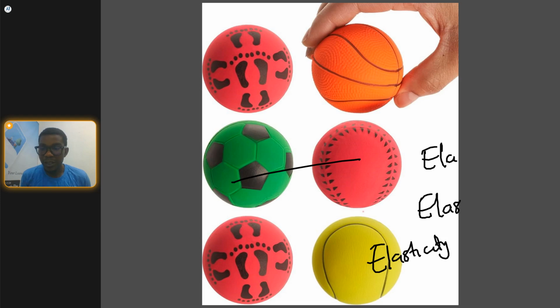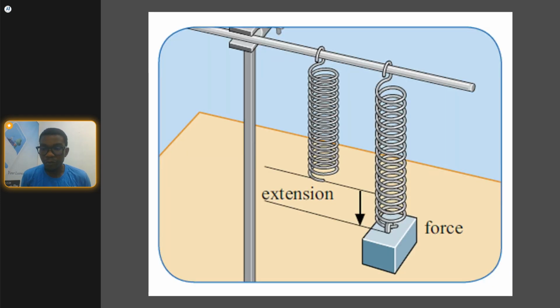So let's take a spring. This is a rubber. The spring also has a force. You know, I told you that this represents the force, right? There's always a force that will be reacting against the force that is stretching the spring. That force that wants the spring to gain back its position, to be returned back to its normal size and its normal shape, is called elasticity.